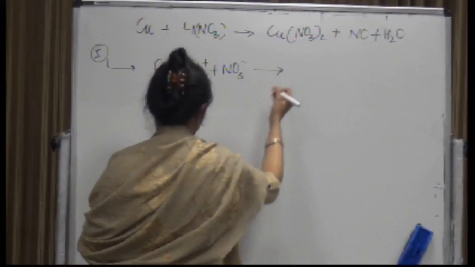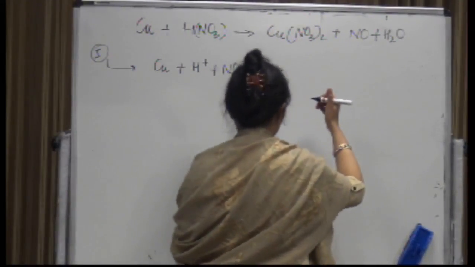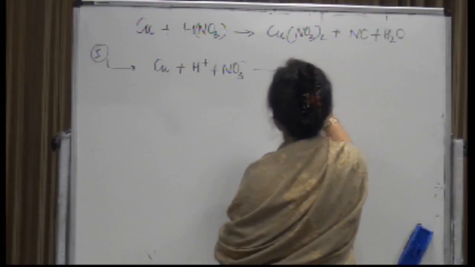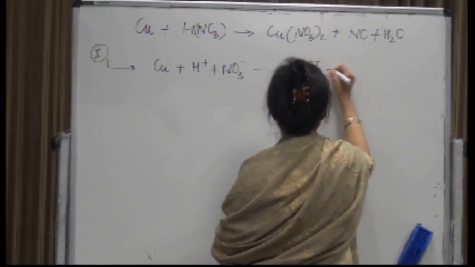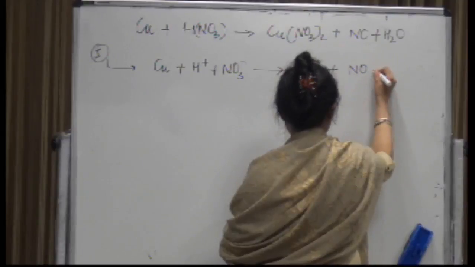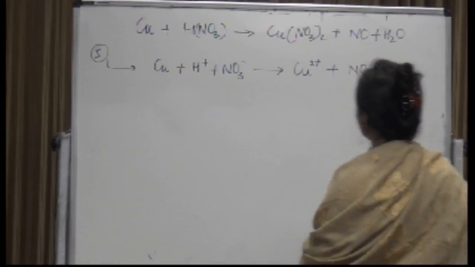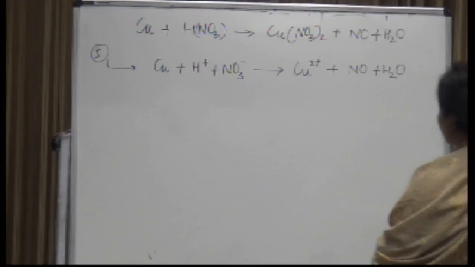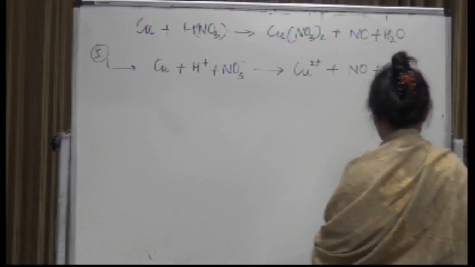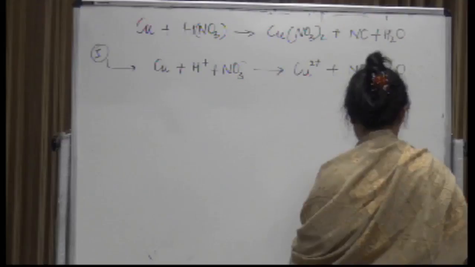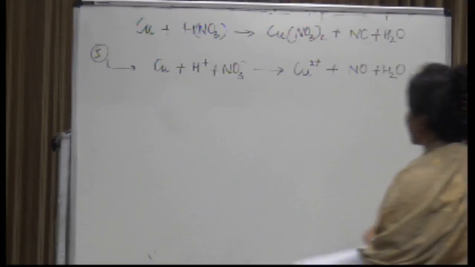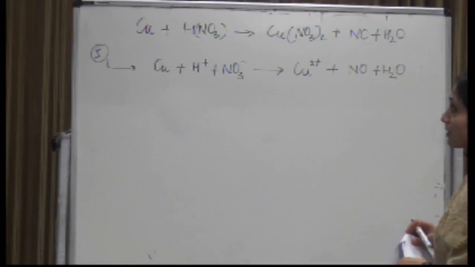Let me just put it like that. Now Cu is getting converted to Cu2 plus, NO plus H2O, plus 2 NO3 minus can also be put. Basically your Cu is getting converted to Cu2 plus.